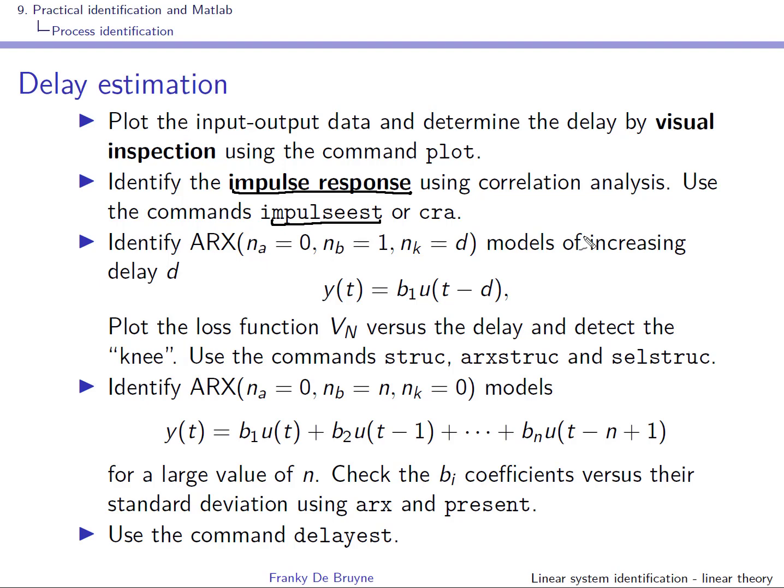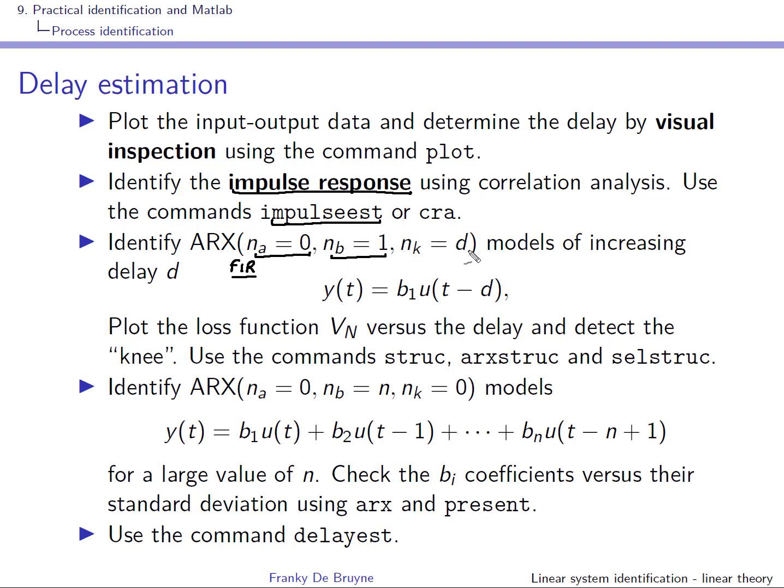So what you could do is identify ARX models of this type, right? So NB is equal to 1 and NA is equal to 0, so this means that it is also a finite impulse response model of a particular kind because it has only one parameter.